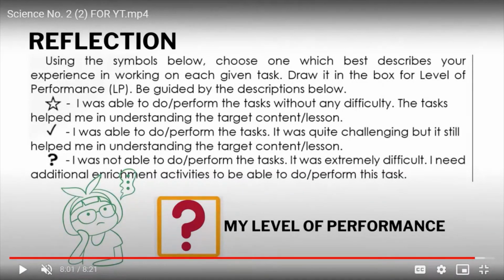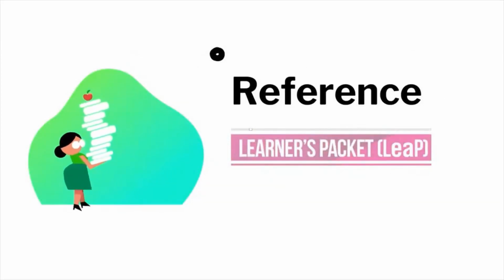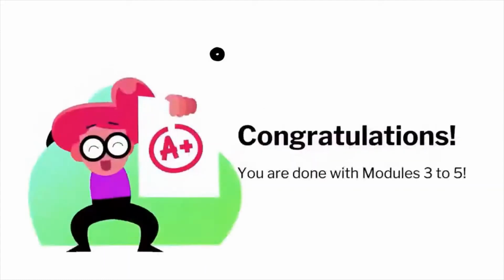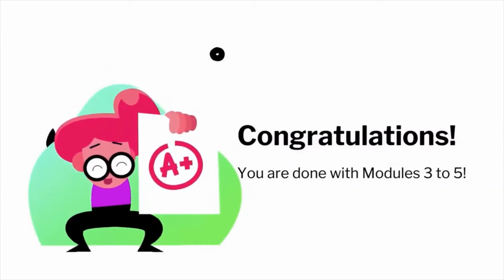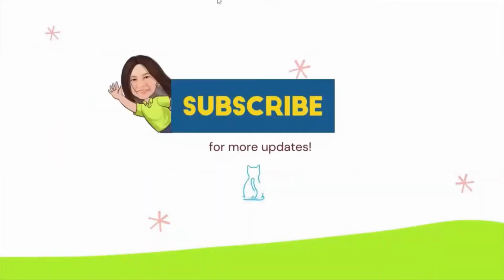I need additional enrichment activities to be able to do or perform this task. All right. So are you done with this reflection? Okay. If you are done, then congratulations. You have already finished this, and congratulations. You are done with modules 3 to 5.